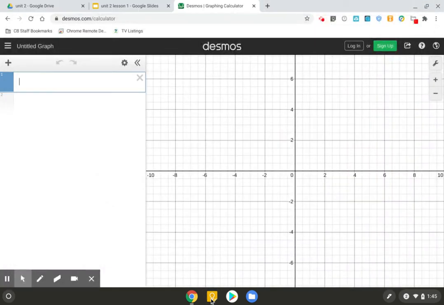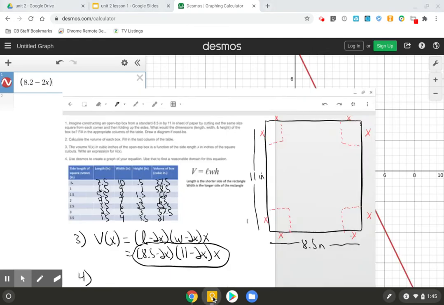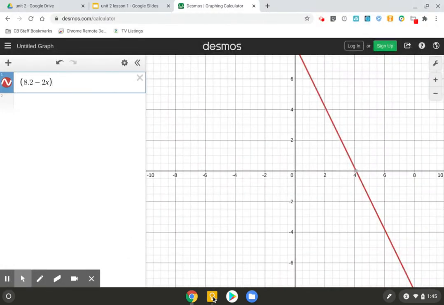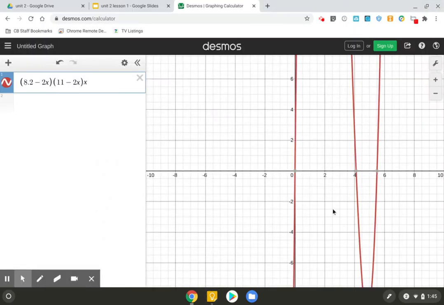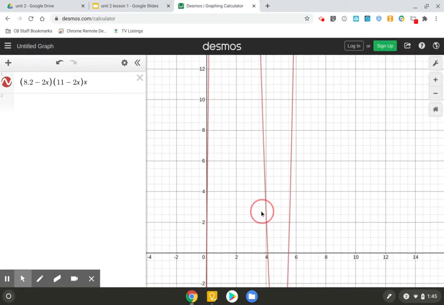So we have 8.5 minus 2x, we have 11 minus 2x, and then x. Notice we get kind of a zigzag type graph here.